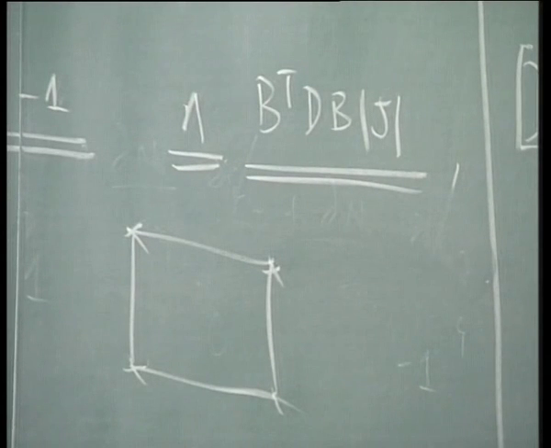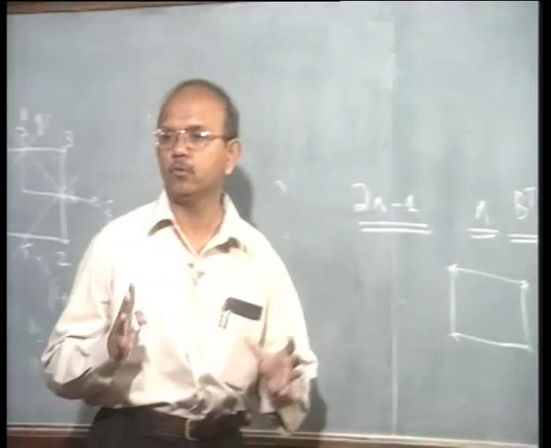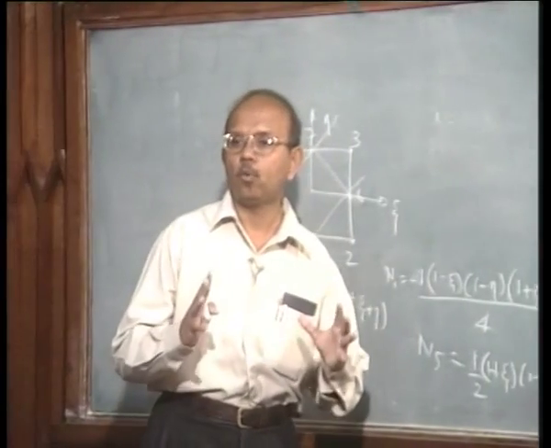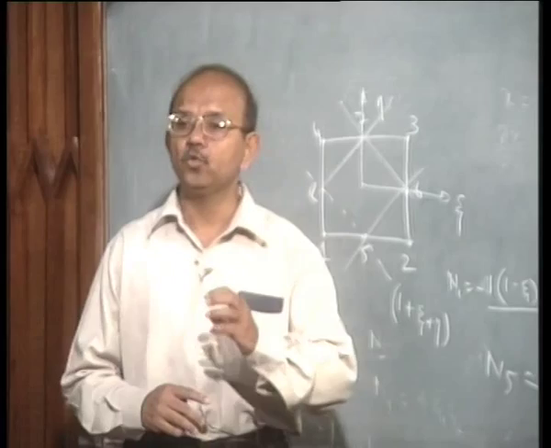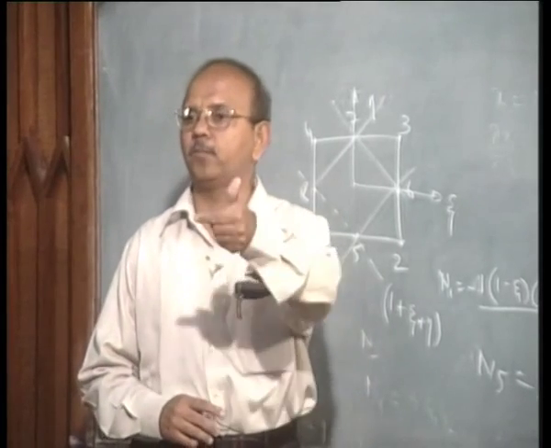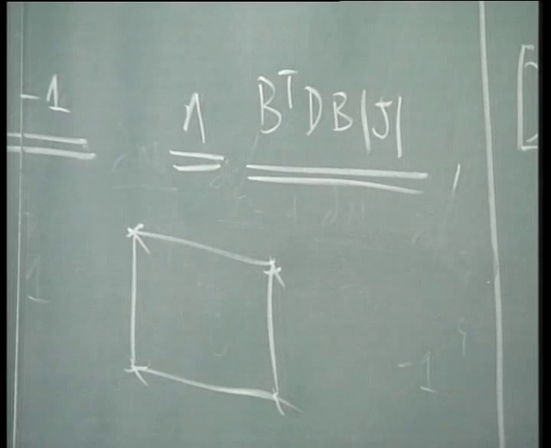Certain times, of course, J may become a constant throughout the element. With some nice elements it may become constant, but certain times it will not be constant. So you have to know what exists in each of them, so that you will know the order of the polynomial and then use the exact or the correct integration rule, right.